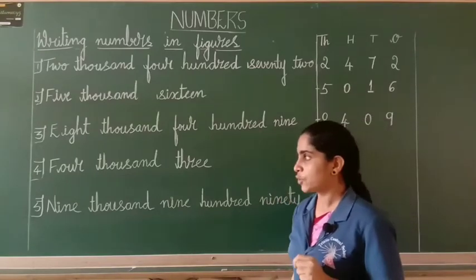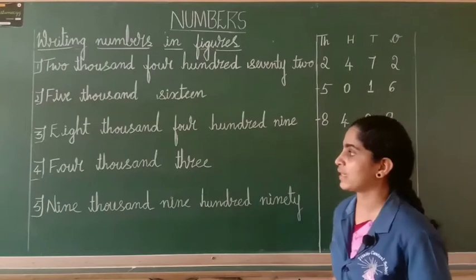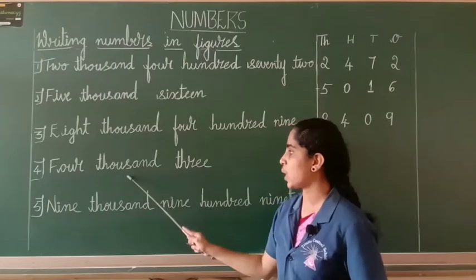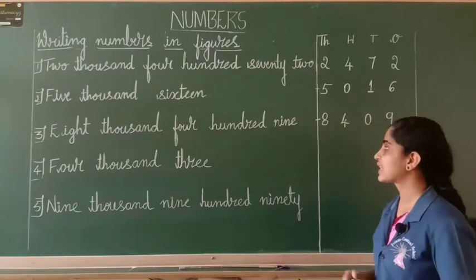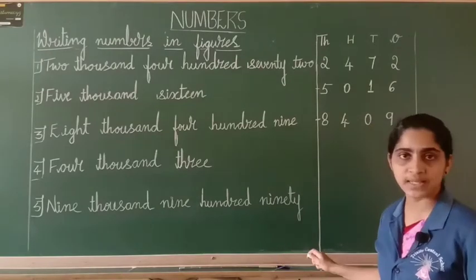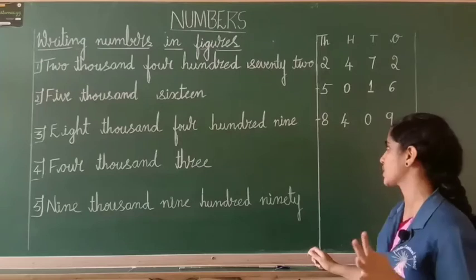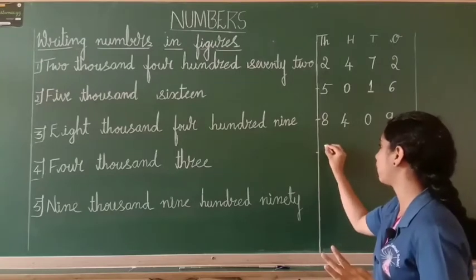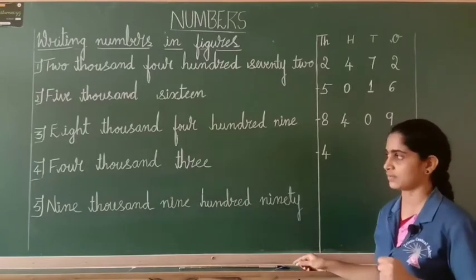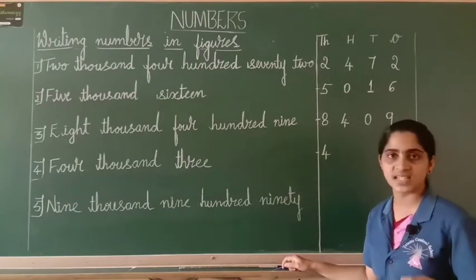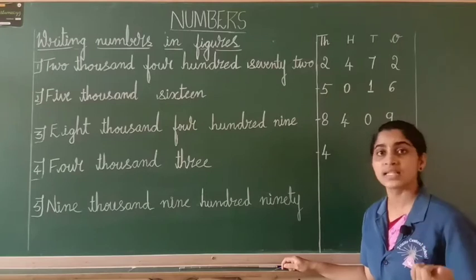Let's consider the fourth example. The fourth one is 4003. You can see here in thousands place we have 4,000. So let's write that 4 in thousands place. 4,000. And the next number is 3. That is in ones place.